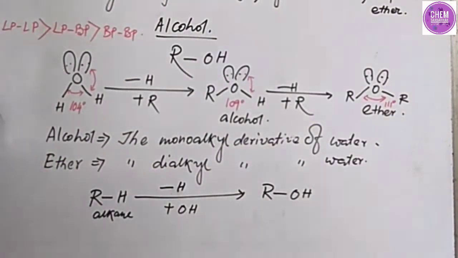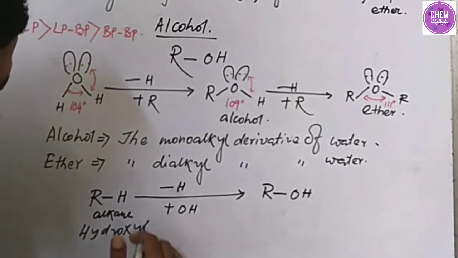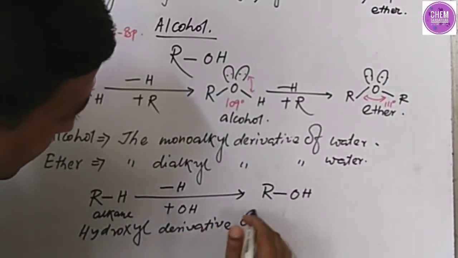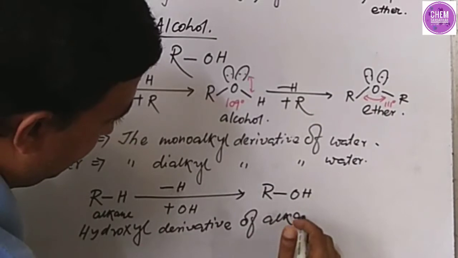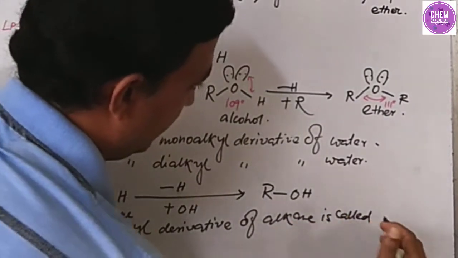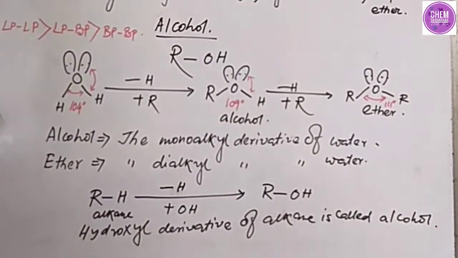So alcohol can also be defined as the hydroxyl derivative of alkane. This is the first part.